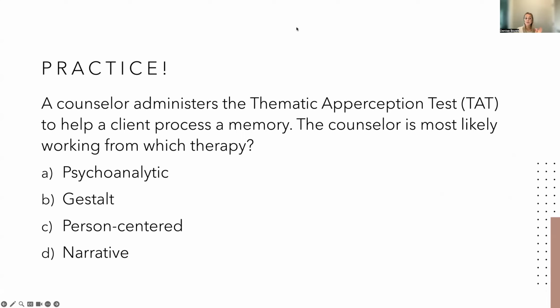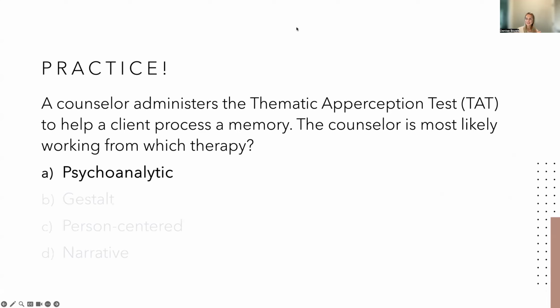So if you can't do that, maybe just eliminate 1, and then you're down to 3, which is better than 4. So you can start to think about what would be the one that makes the most sense. Think about it if you still don't know. Psychoanalytic. So this is a psychoanalytic technique that is used.